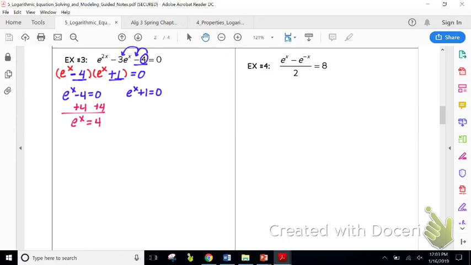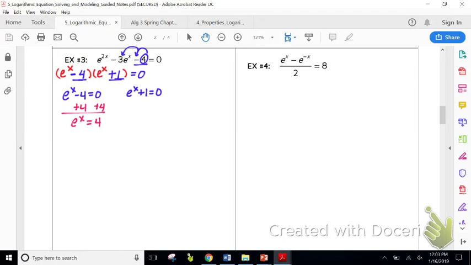Now, can I get like bases with e and 4? Will they go to like bases? No. So how is it that we can get that x out of the exponent if we can't get like bases? We did it on the last problem. Yeah, log, right?